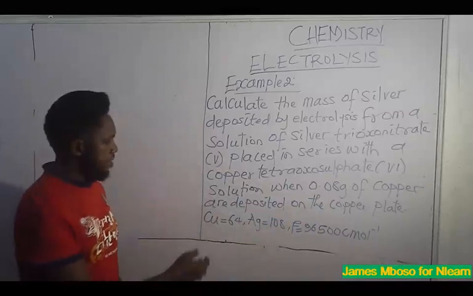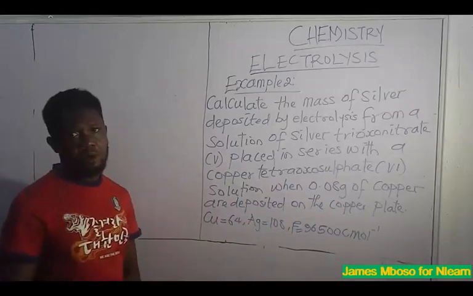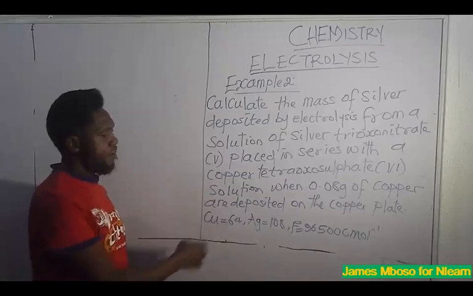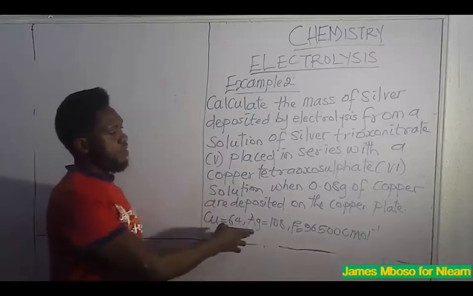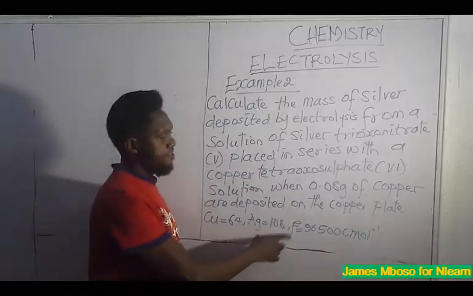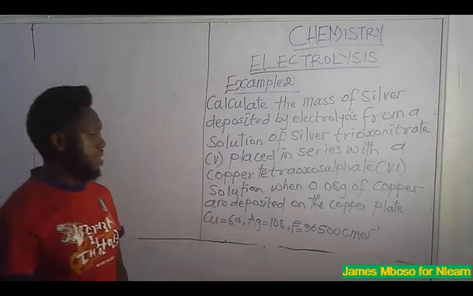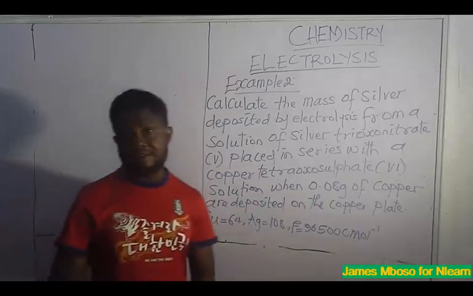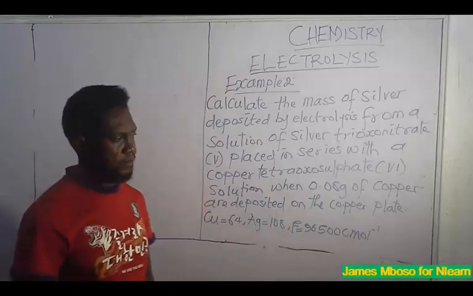We are given Cu as 64, Ag as 108, and our Faraday constant still remains 96500 coulomb per mole.